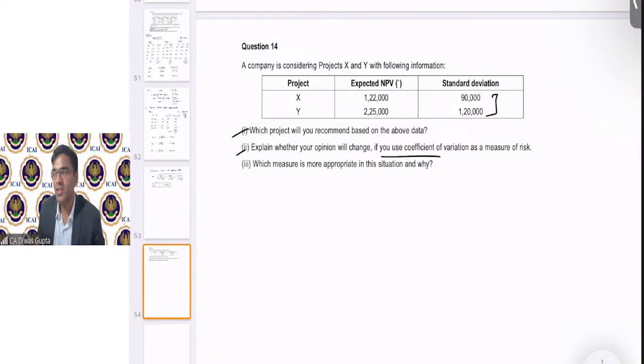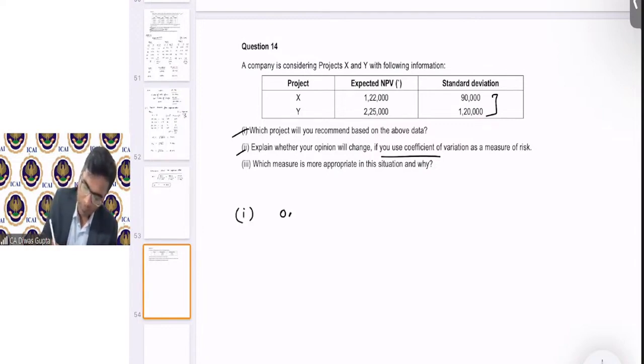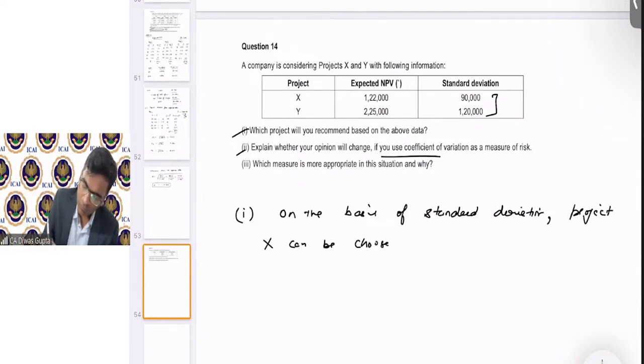So we can say that on the basis of standard deviation, project X can be chosen as risk is lower in project X.